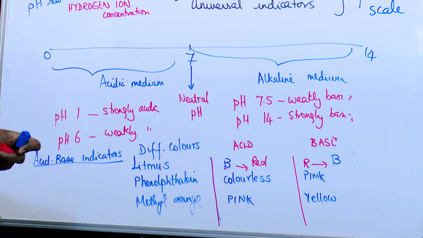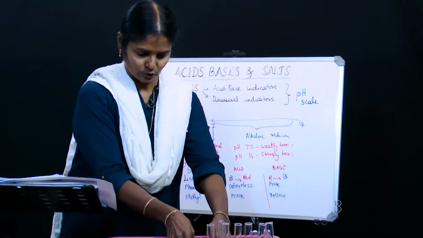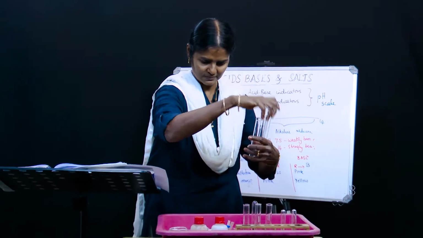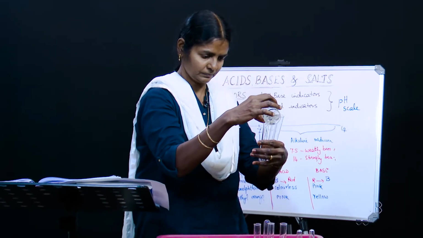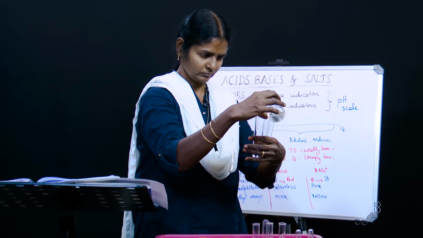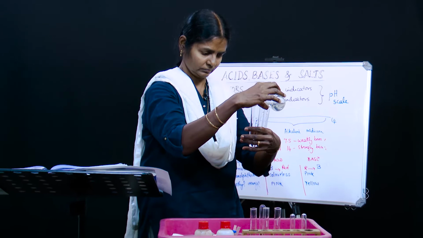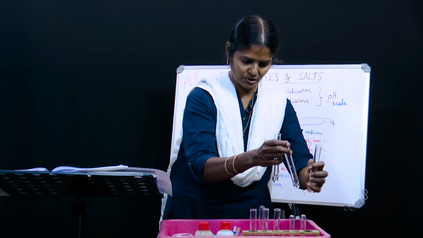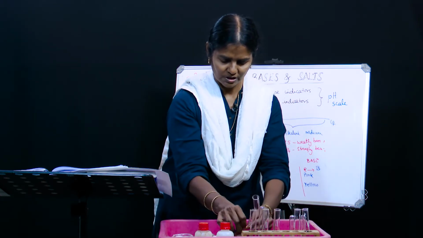This is what we are going to see now. We take 3 test tubes for acid and we add acid to all the 3. To the first one we introduce blue litmus paper.